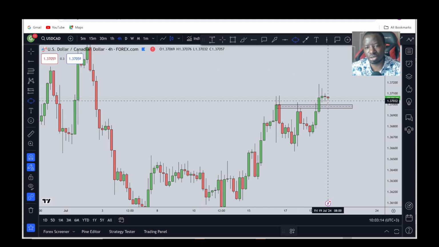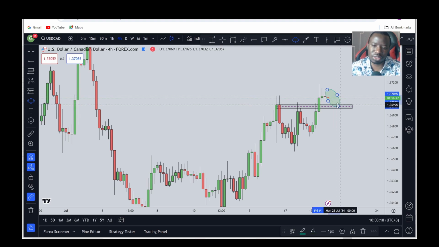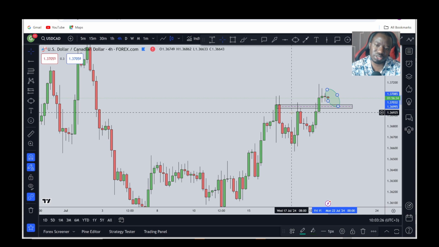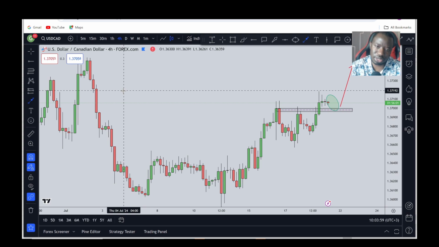We'll be looking to see what kind of price action we get within this area and what price patterns will be forming as we drop lower for quick scalps in the 15 and the 30 minutes, day trades in the 1 hour, and obviously the swing trades in this 4 hour time frame, with our bias being more to the upside. And that's our analysis for the USD Canadian dollar.